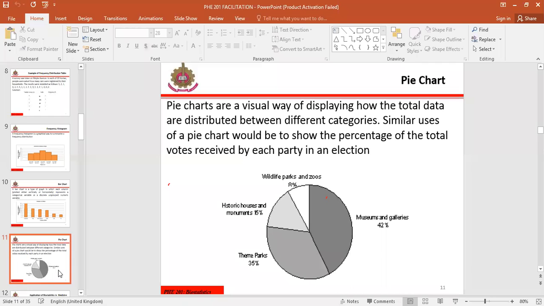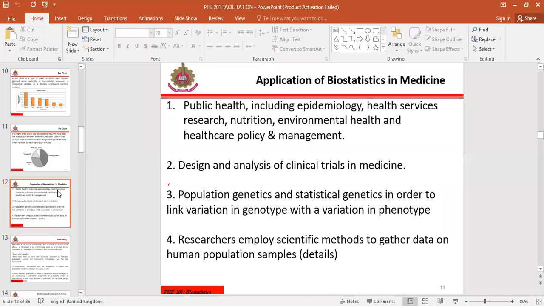Now, let's talk about the application of biostatistics in medicine. Biostatistics, just like I said earlier, statistics has found a wide range of application in different kinds of fields.